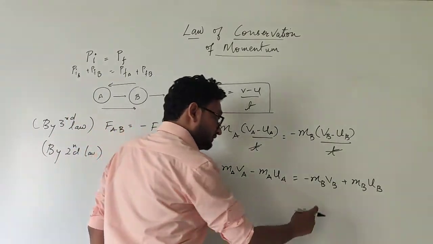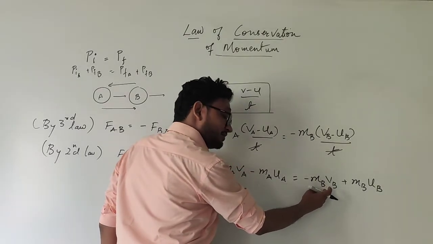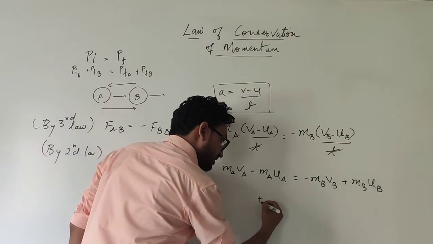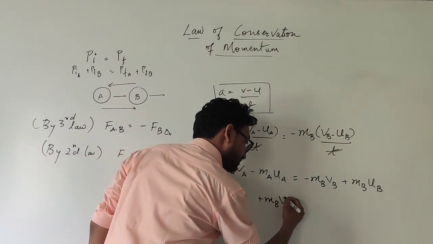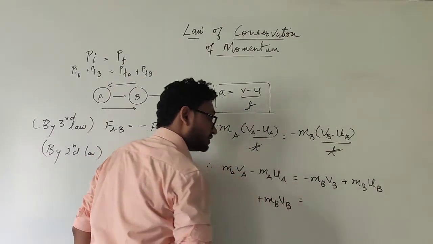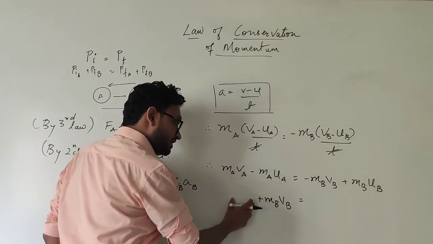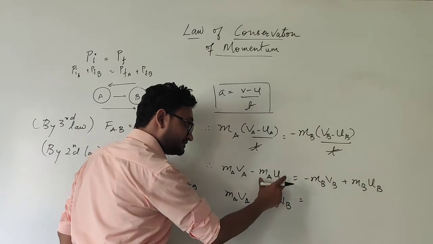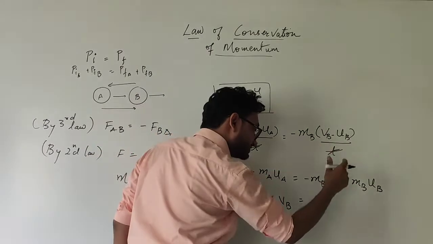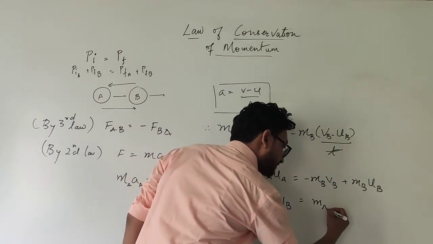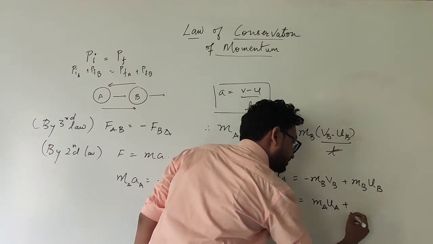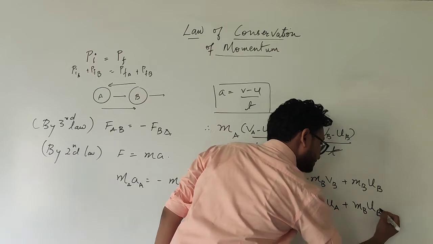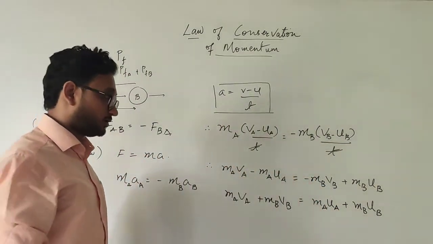Now what we do, we take this minus m_B v_B on this side, which becomes plus. So I am writing plus m_B v_B is equal to, keeping this m_A v_A as it is, m_A v_A, and taking this minus m_A u_A on that side, it becomes plus m_A u_A plus this one is m_B u_B.